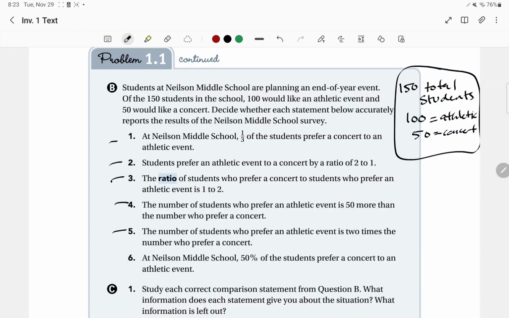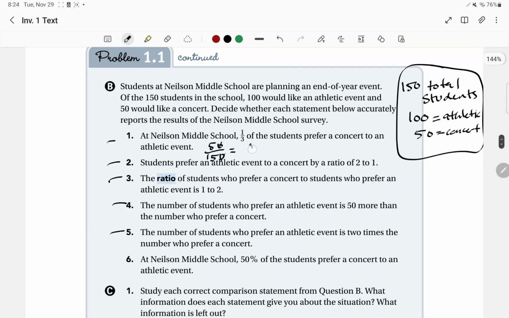Well, there are 50 that prefer a concert out of 150 total, right? And so that simplifies down to 5/15, which simplifies down to 1/3. So yes, number 1 is true. That one is true given our data. So go ahead and do 2 through 6, and then come back and see how you did.